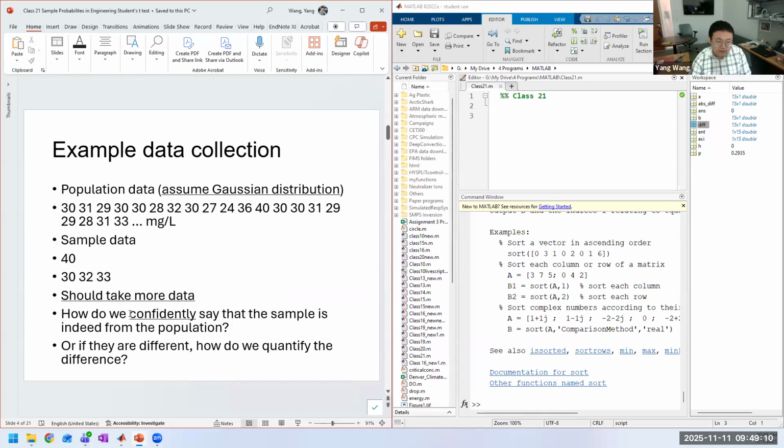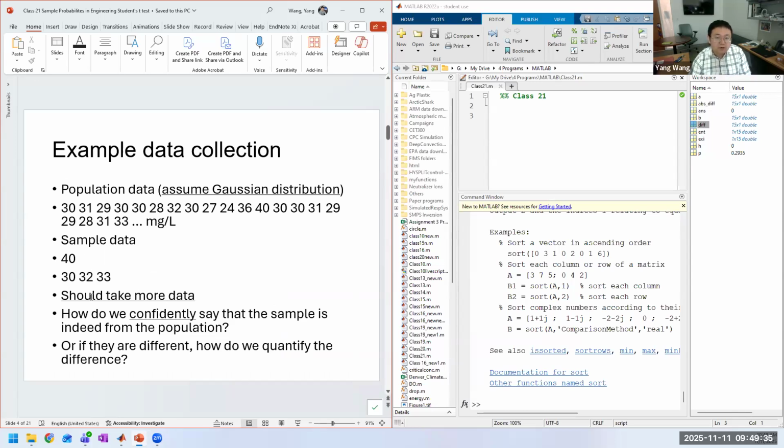So how do we confidently say that the sample is indeed from the population, basically to show that the water quality that we take from the sample represents what is being reflected in the population? So basically, if the factory is telling the truth, how can we confidently say that the sample we measured represents the population BOD concentration, right?